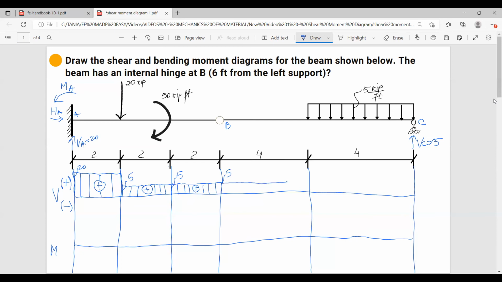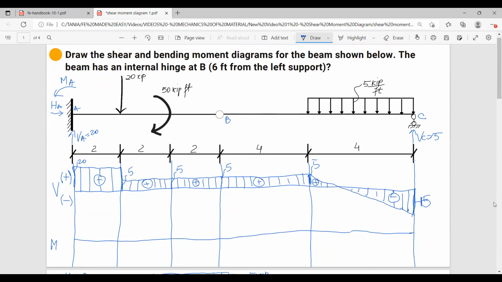Gonna go constant. Here we have 5 kips. And then here we have that linear diagram. And we have to go downwards 5 times 4, which means I'm going to end up here at 15. And I'm now on the negative side here. So let's show that. And here is the positive. Okay. And then the moment diagram, I will have negative here and positive on this side.